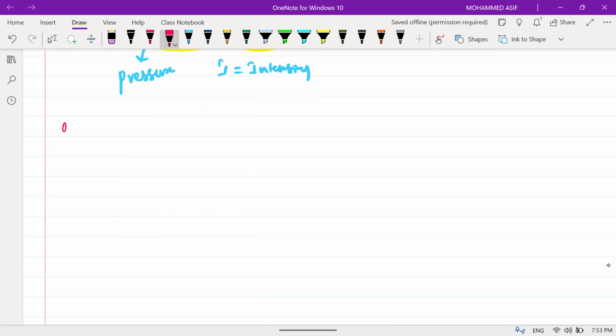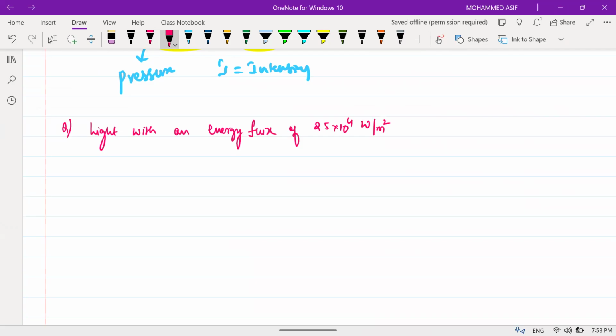See this question. Light with an energy flux of 25 into 10 to the power of 4 watt per meter square.